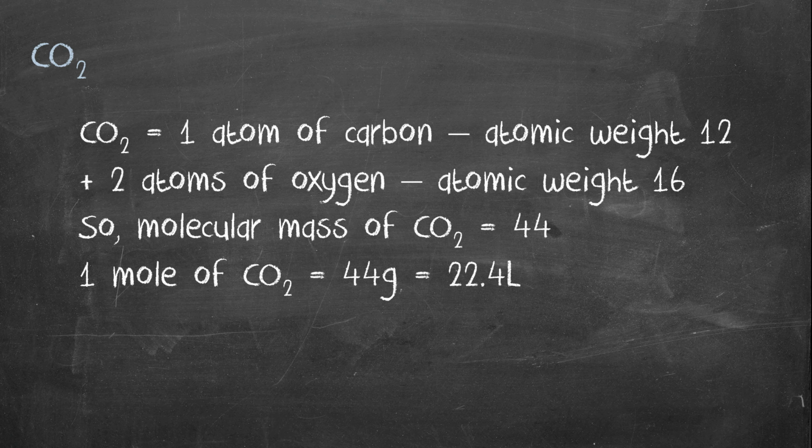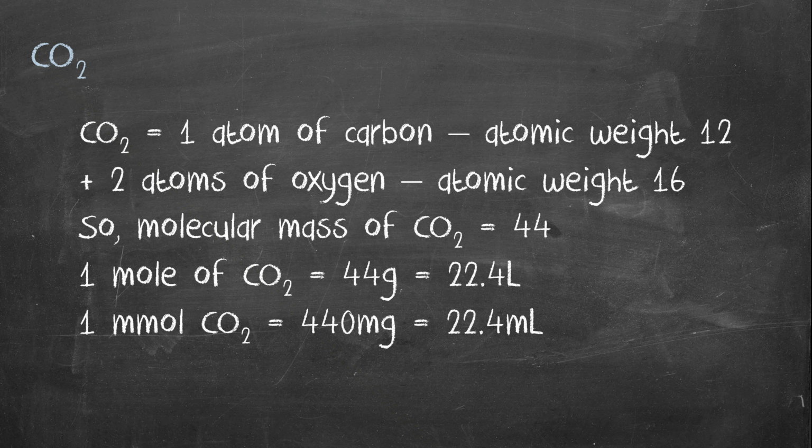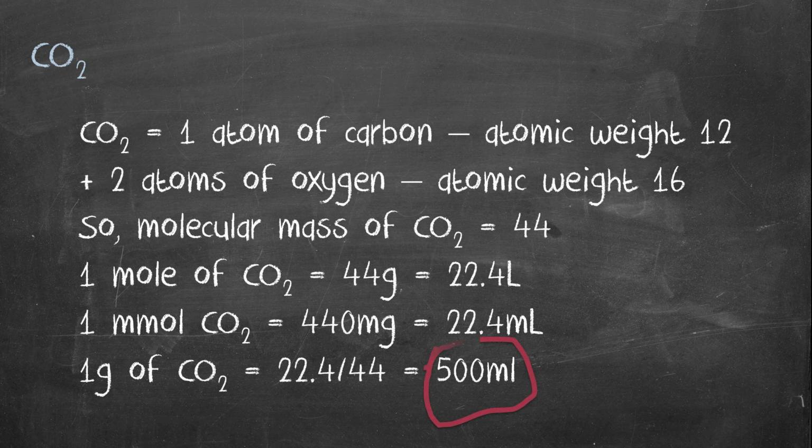So there's 44 grams in a mole, and that works out using Avogadro's hypothesis to 22.4 litres of gas. So 1 mole of CO2 is 44 grams, or 22.4 litres. 1 gram of CO2 is 22.4 divided by 44, or 500 mils. So 1 gram of CO2 is 500 mils of gas.